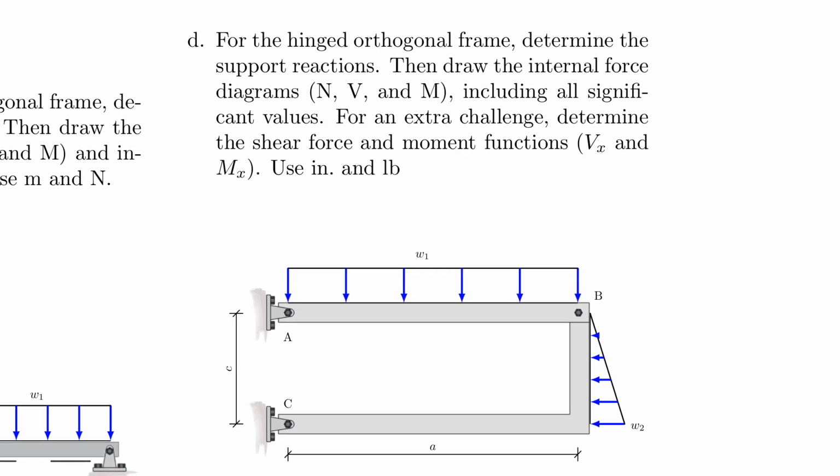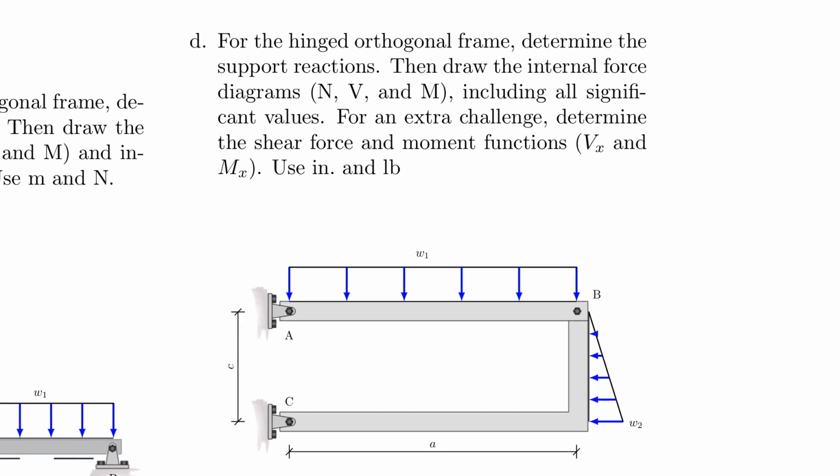So in problem D, we actually have a frame that has a hinge here at the corner and is loaded with an evenly distributed force from A to B and has a triangular distributed force on the vertical component.